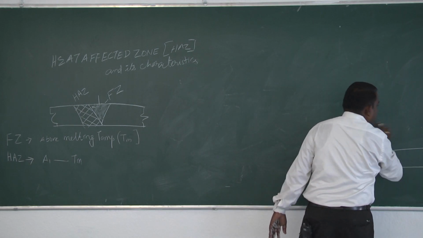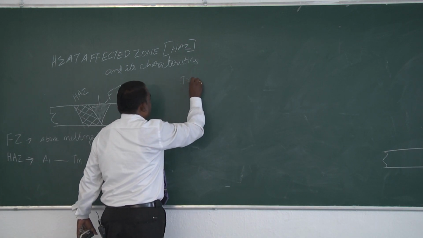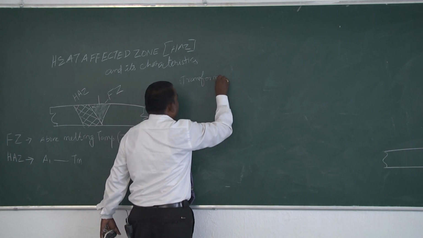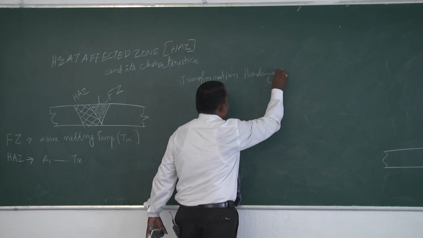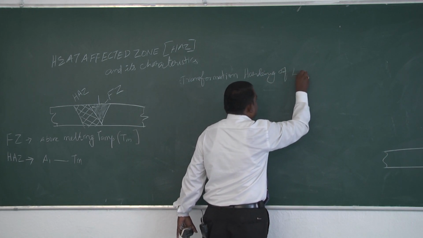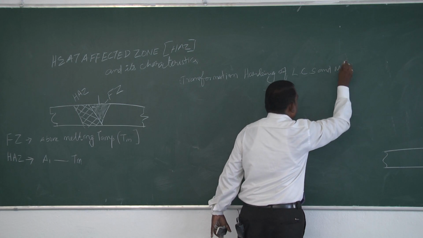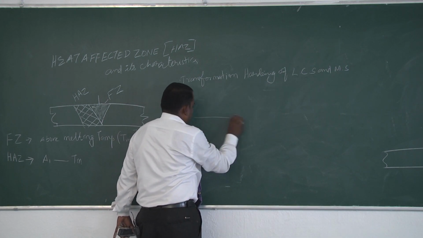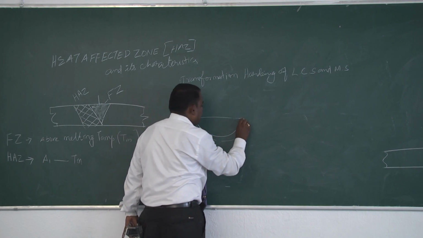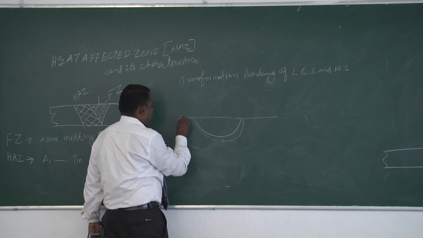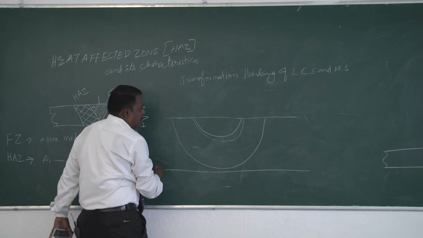For our discussion we will take steel, and the transformation hardening of low carbon steel, LCS, and mild steel, MS. This is your weld metal, and away from that you will have a partially melting zone, which we discussed a little earlier, and apart from that you will have a heat affected zone. This is your normal joint.